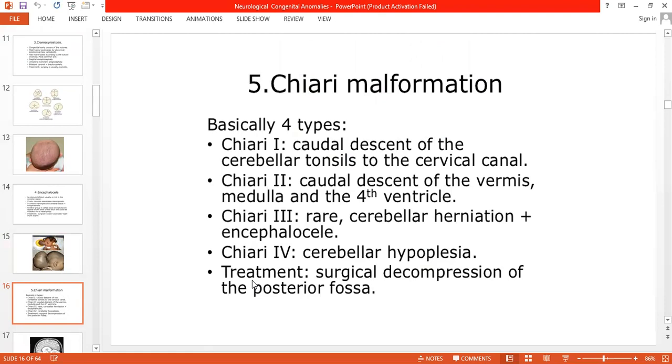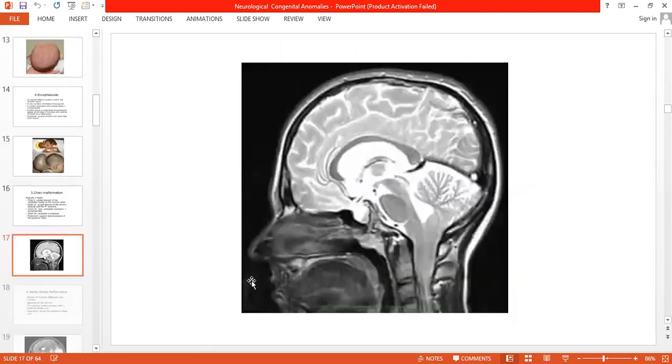Chiari 3 has cerebellar herniation and encephalocele. All the cerebellum has herniated into the swelling or into the sac. Chiari 4 malformation, in this case, there is only cerebellar hypoplasia. Treatment is surgical decompression of the posterior cranial fossa.